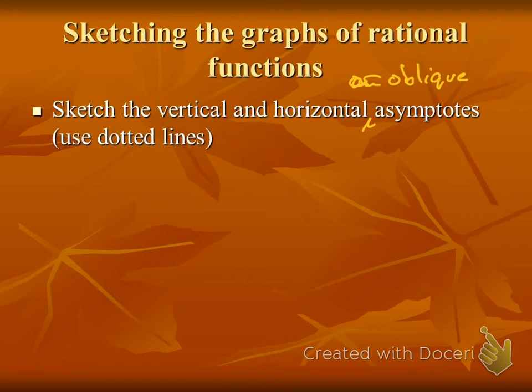We'll always use dotted lines for those asymptotes because they're not part of the graph. They are going to help us shape the graph. And if you'll remember back to Algebra 2 or Advanced Math, the function will always hug the asymptotes. Always.